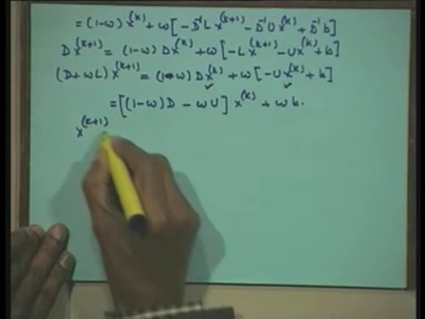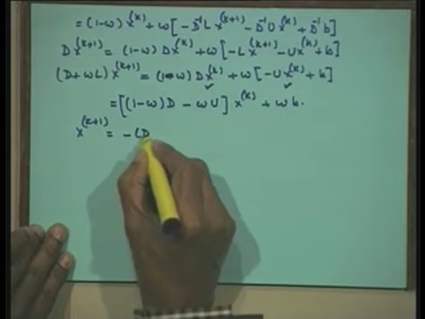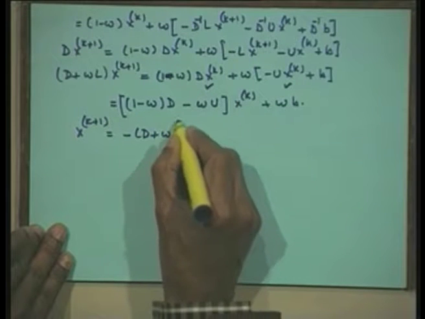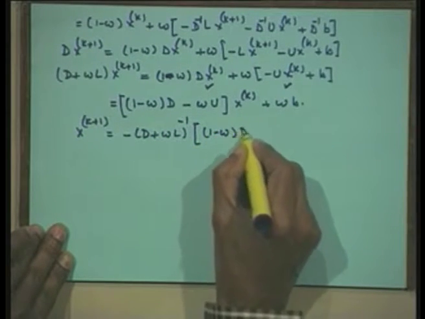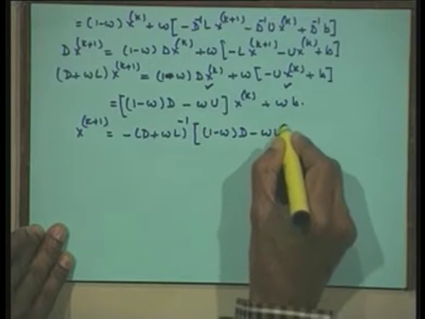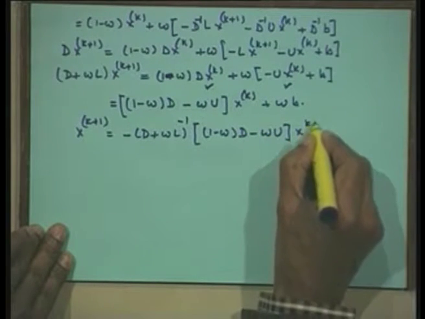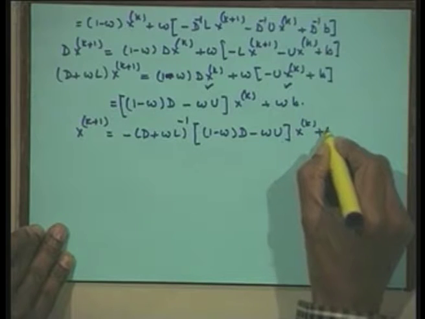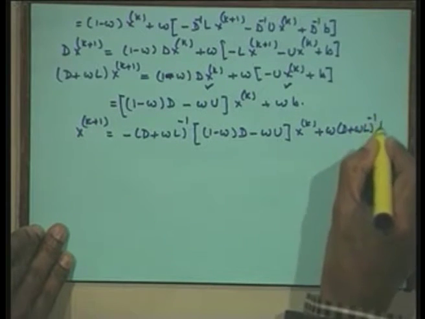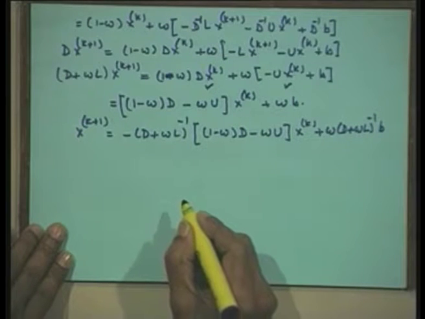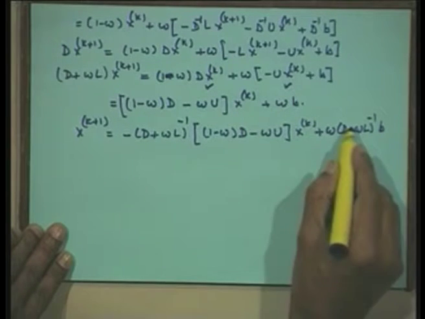Therefore, x k plus 1 is D plus omega L inverse 1 minus omega into D minus omega U x k plus omega D plus omega L inverse of b. Now, this is our iteration method.